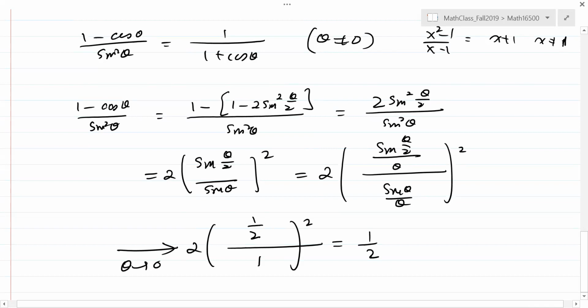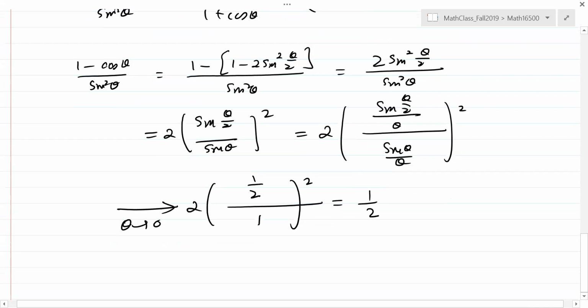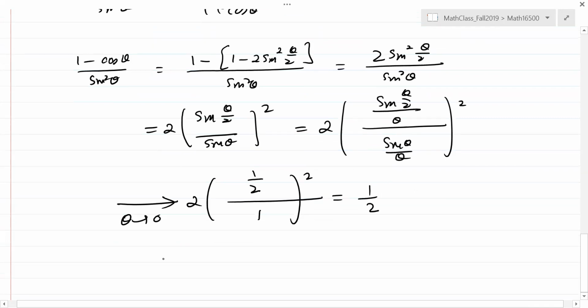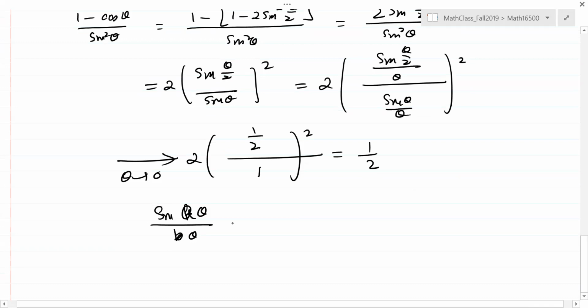So you see the same result. Why? Because we already know sine A theta over B theta, as theta approaches 0, approaches A over B. We're using this fact.